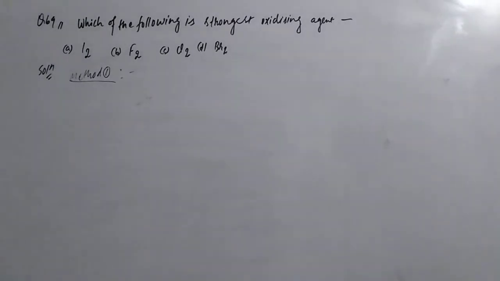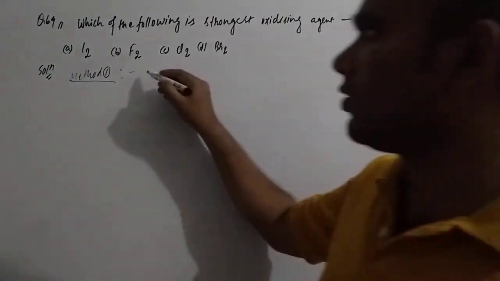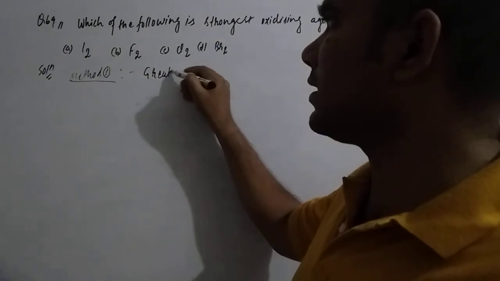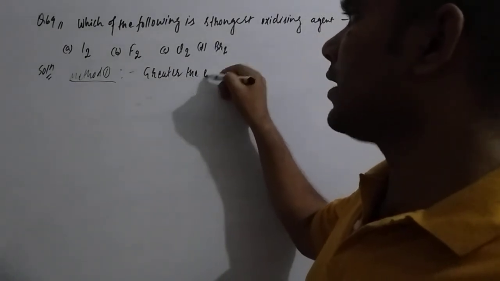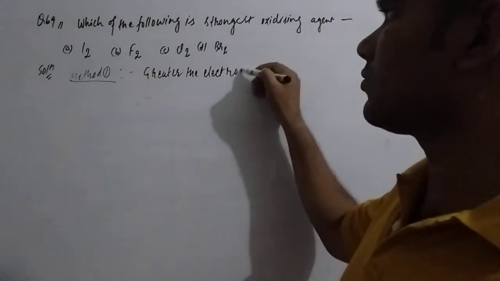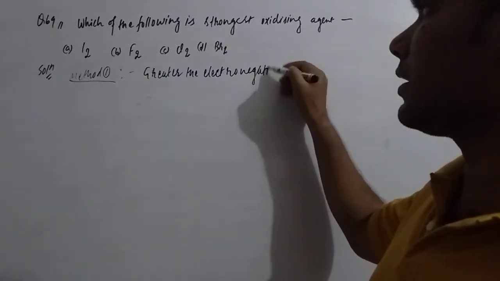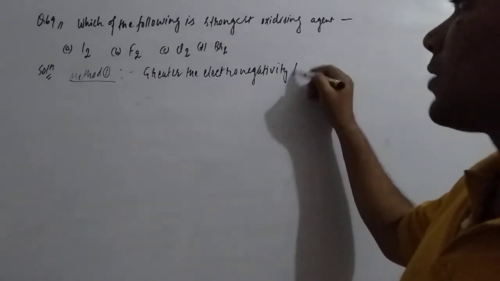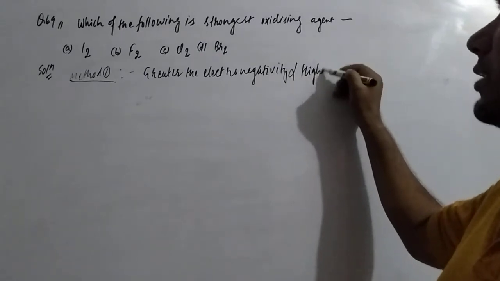Method 1 is what means, the greater the electronegativity, the greater will be the oxidizing power. So greater the electronegativity, higher the oxidizing power.